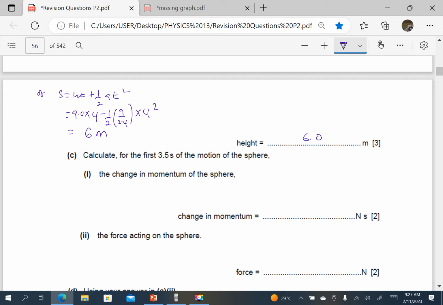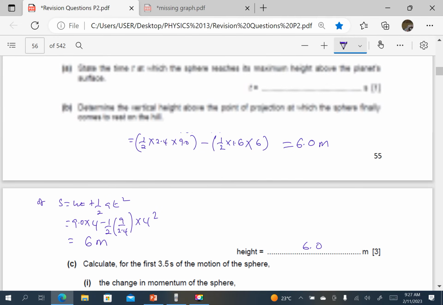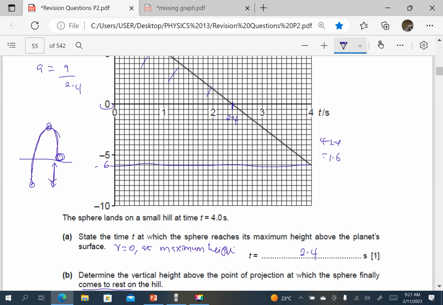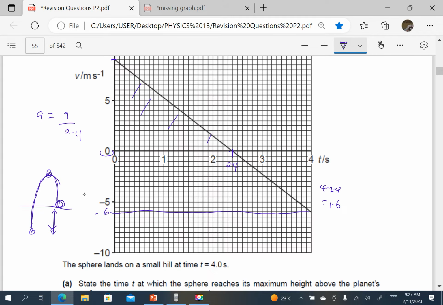Calculate for the first 3.5 seconds of the motion of the sphere the change in momentum of the sphere. Let's look for 3.5 seconds. So this is 3.1, 2, 3, 4, 5. So this is 3.5 and the speed is here in the box.